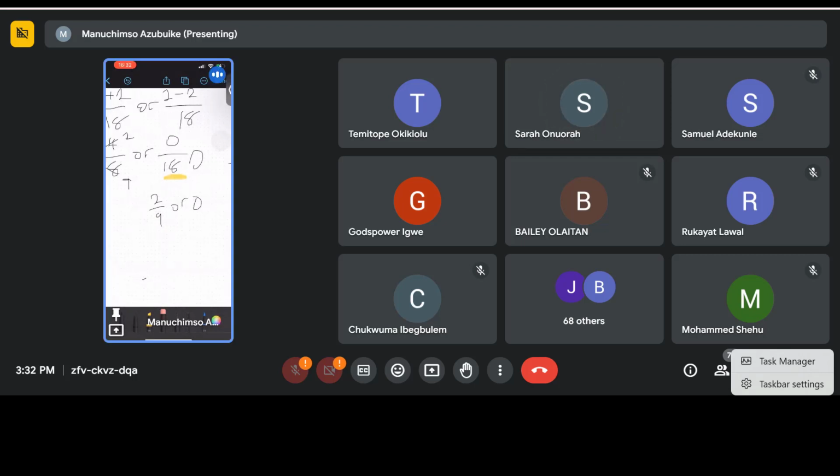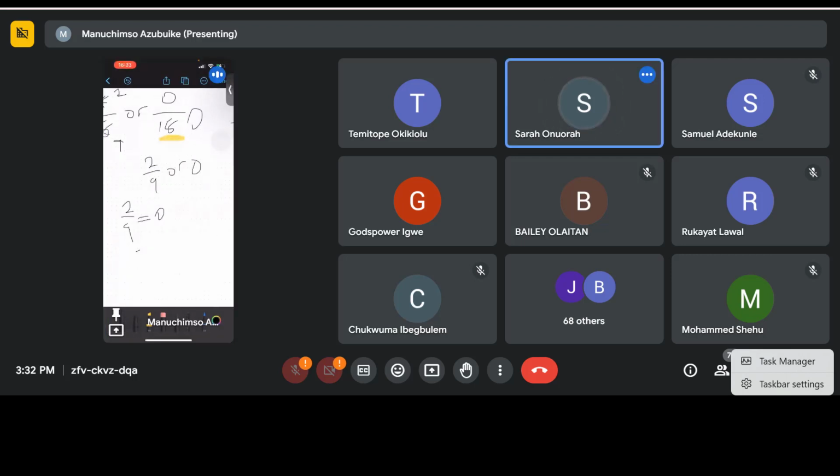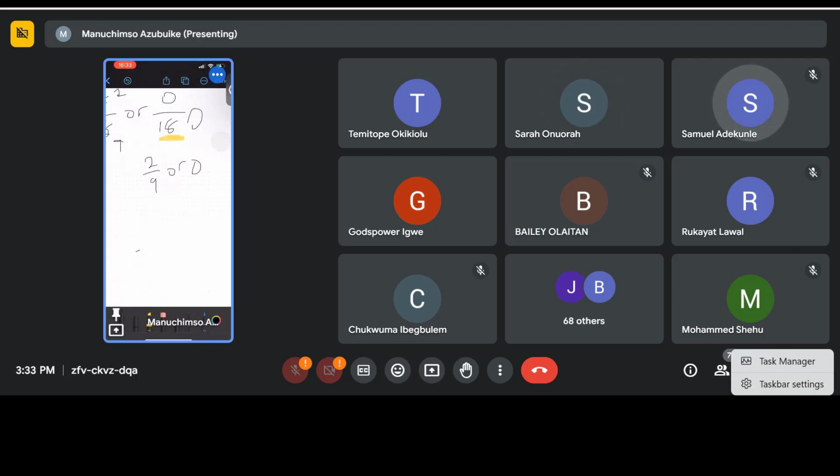When we equate, from your root 4, it is plus or minus 2.